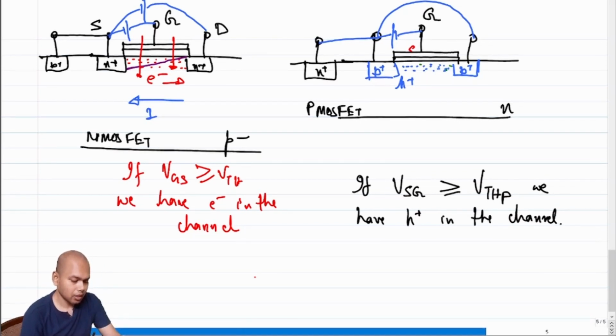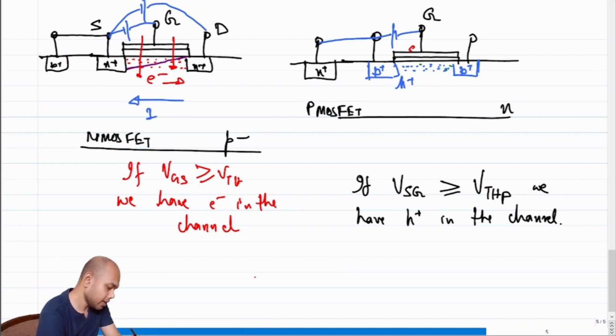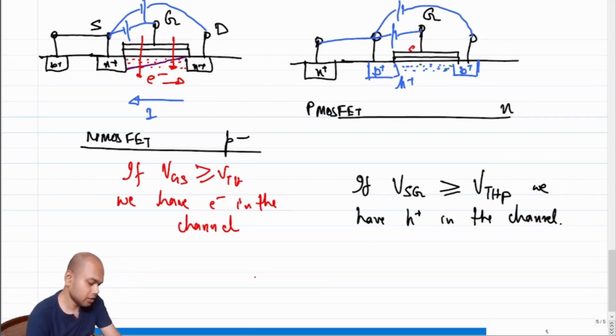And just like in case of an NMOSFET, what's going to happen if we add a potential between one of these two terminals? Note that this is a higher terminal.